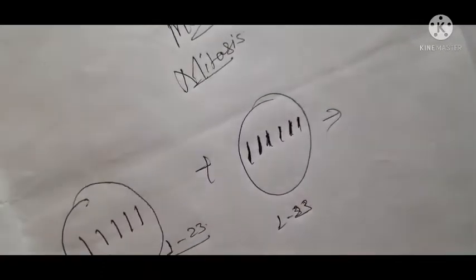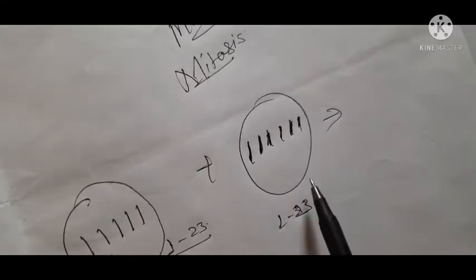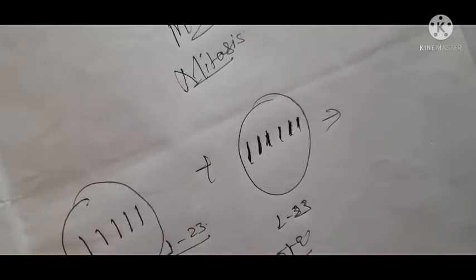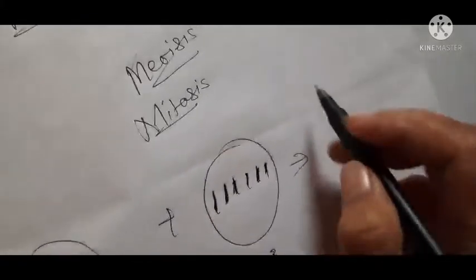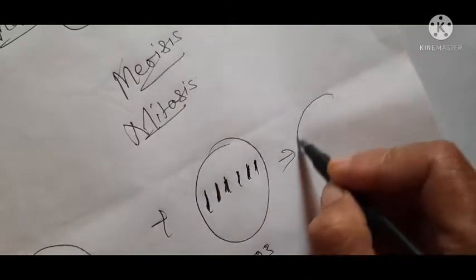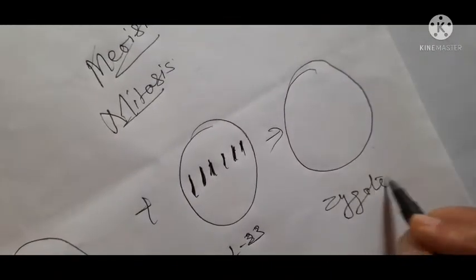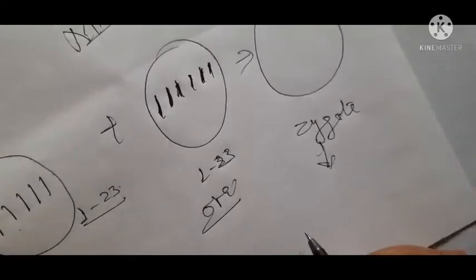Now during fertilization, when the sperm fuses with the ova during sexual intercourse, a cell is formed which is called the zygote, and this zygote is the future offspring.